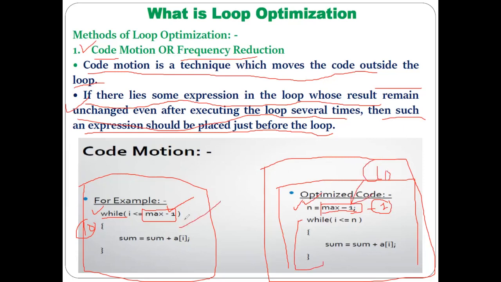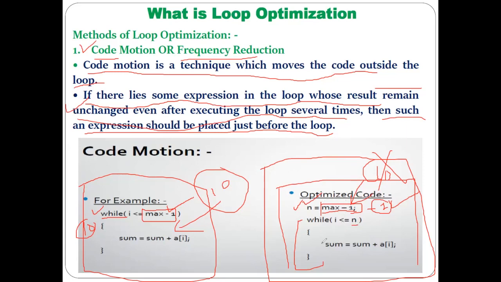If you take one variable and store its result there, it will be evaluated once and can be utilized further any number of times. So we have written while I is less than or equal to n, because n contains the result of max minus 1.